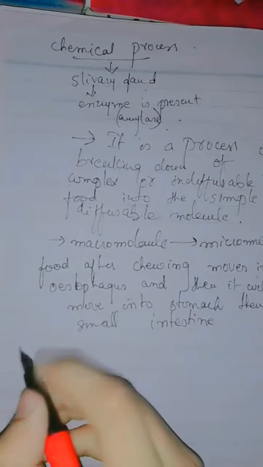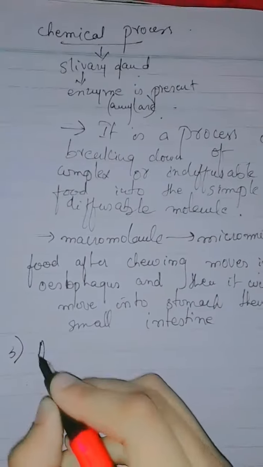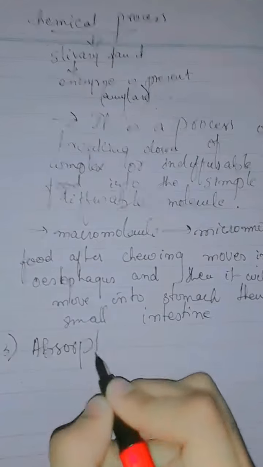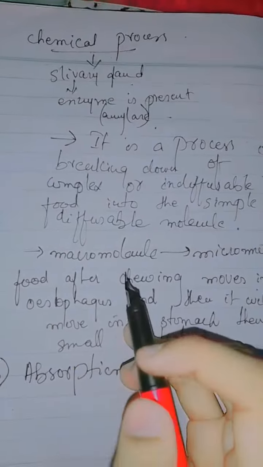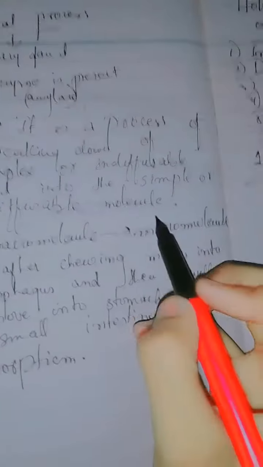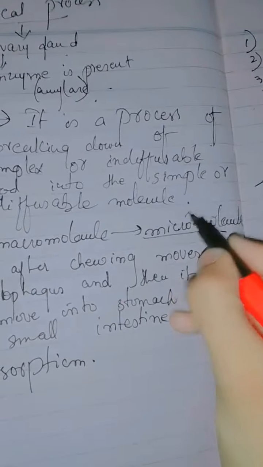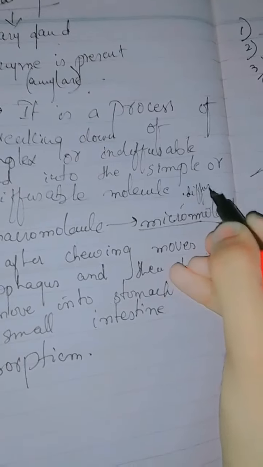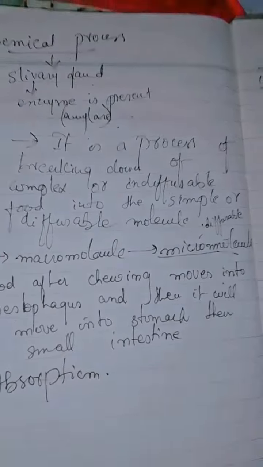Now the third step will start, that is absorption. Here, as the macromolecules have been broken down into the micromolecules, now they are diffusible. Now they can easily diffuse into the blood, because micromolecules are diffusible in blood. So now they can easily cross the cell membrane.